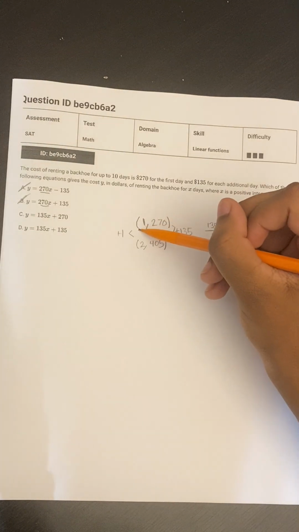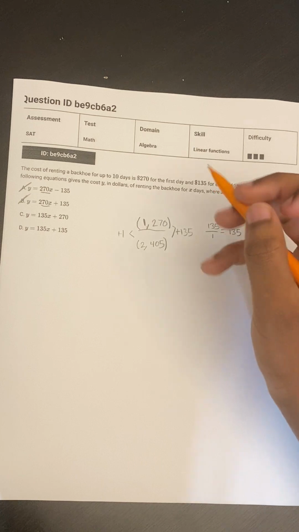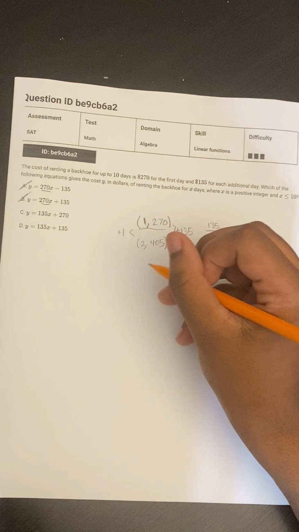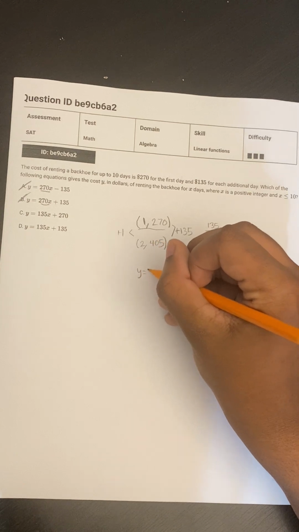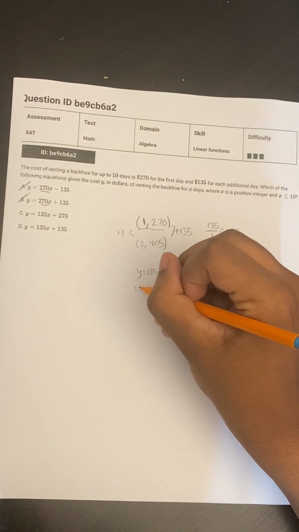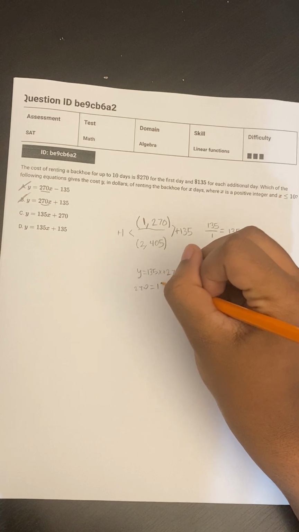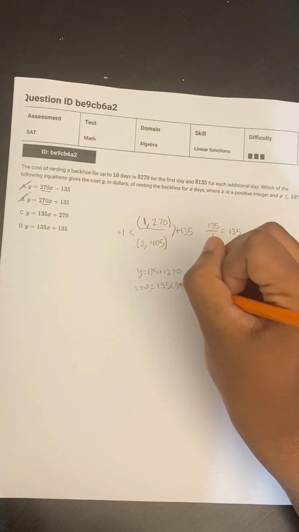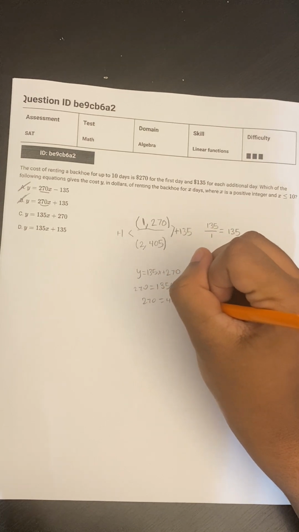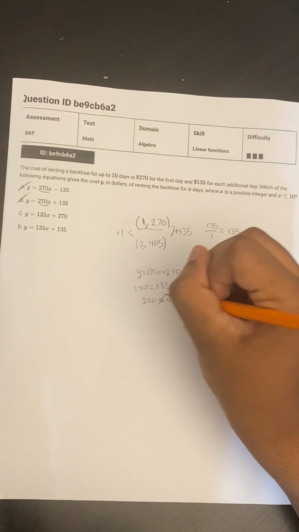And now we need to find our y-intercept. Since we already have the point (1, 270), we can just plug that into each one of the equations to figure out which one is the correct answer. For y is equal to 135x plus 270, if you plug in 270 for y and 1 for x, we get 270 is equal to 405, which is obviously not true.